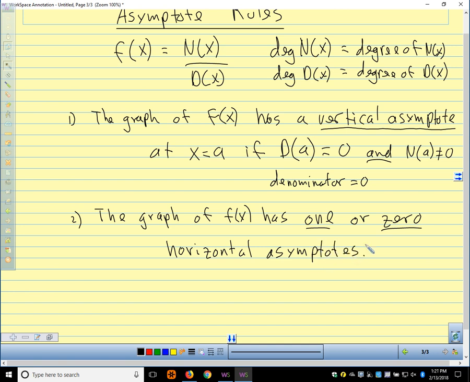And the reason for that is eventually our function can either approach some number or it can go to infinity. There are only 2 possibilities. Our function can't approach 2 different numbers as x gets really, really big. It can either approach 1 or it just keeps getting bigger and it doesn't approach any.